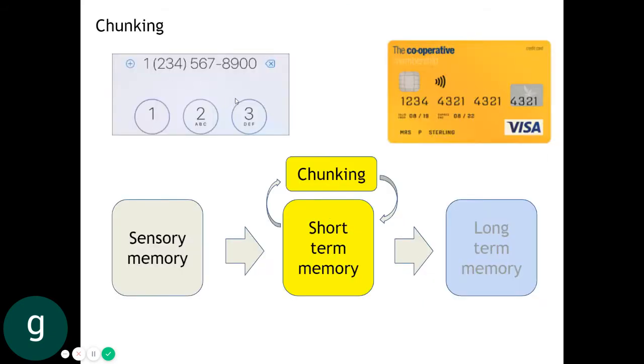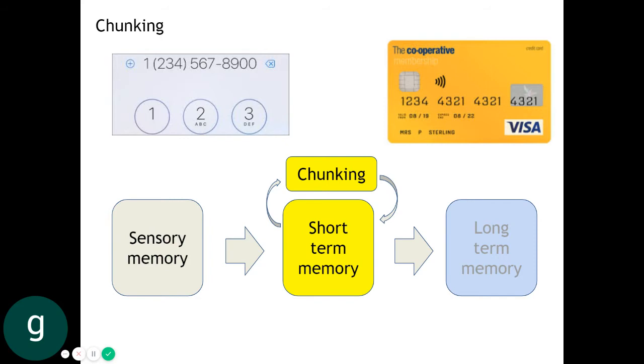So chunking is something we're actually probably fairly familiar with. It involves grouping information into short, easy-to-remember chunks, hence the name. Phone numbers are often remembered using chunking. For example, the area codes for Perthshire, Dundee, and Alloa are respectively 01738, 01382, and 01259.